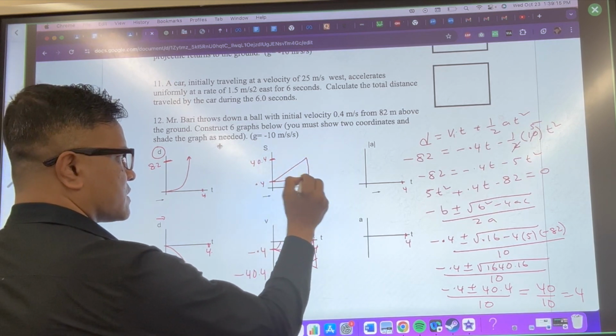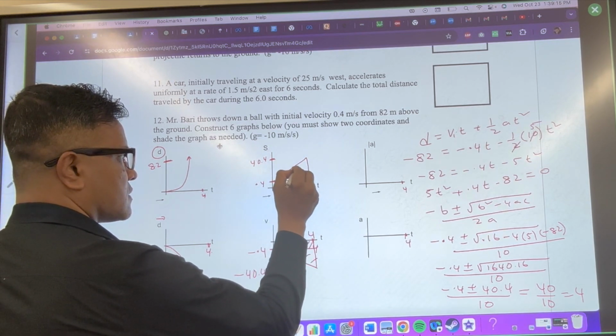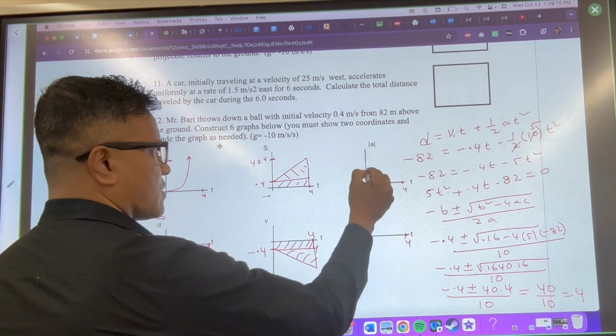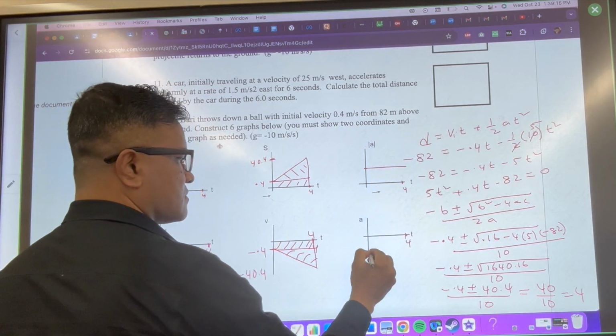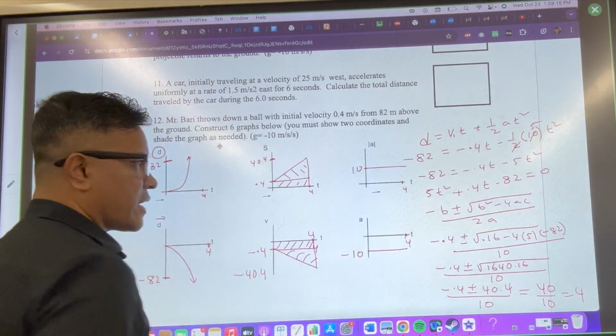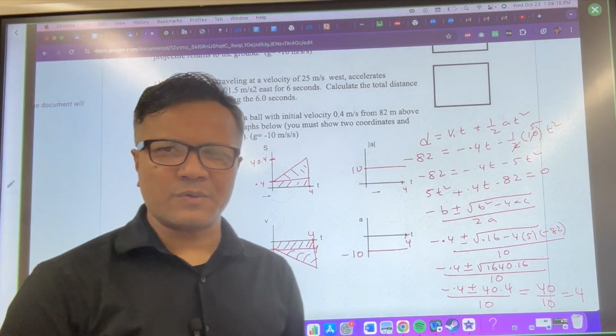That's pretty much it. Acceleration due to gravity is negative 10, or positive 10 in magnitude. That's problem number 12.